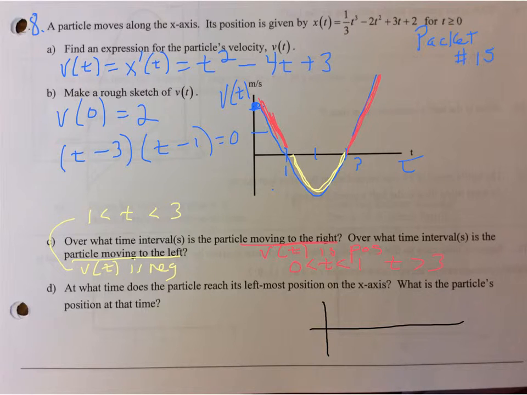Part D brings us back to the fact that this particle is moving along the x-axis. It asks us when the particle gets to its leftmost position on the x-axis. I'll remind you that the particle is just moving along the x-axis, and its position is given by this function.